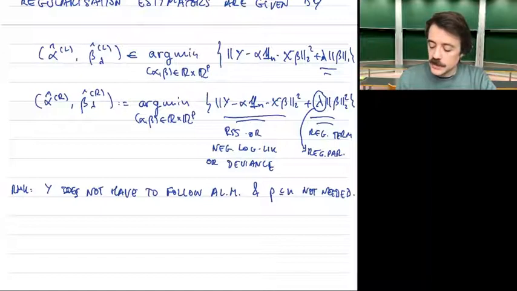If we had the residual sum of squares without the regularization parameter, then it would be exactly the fitting of the linear model. And then, of course, p less than or equal to n is necessary, because otherwise we have infinite solutions.